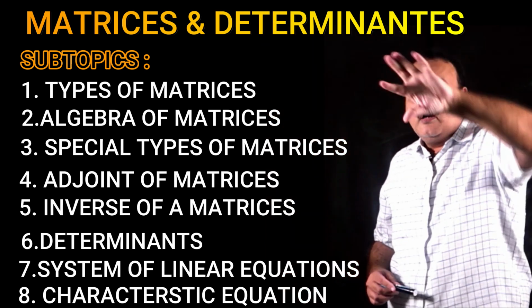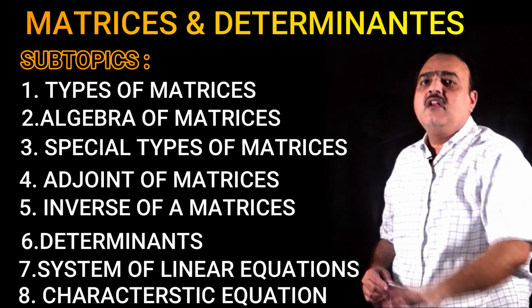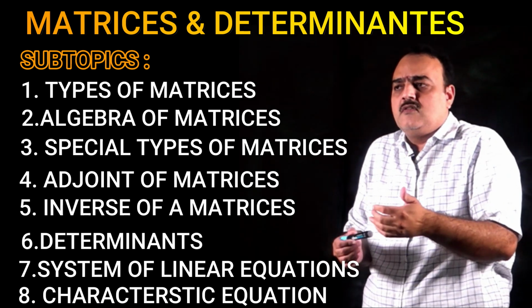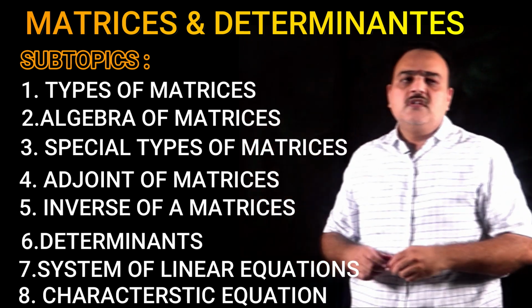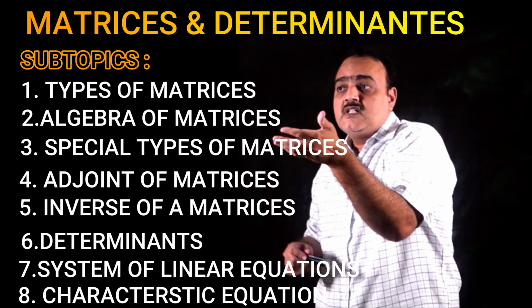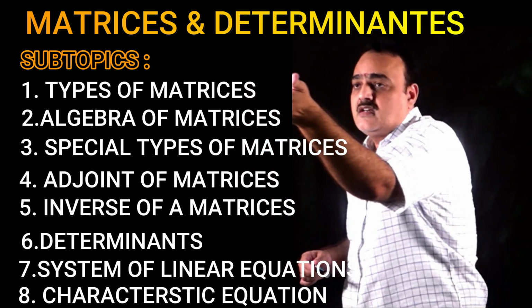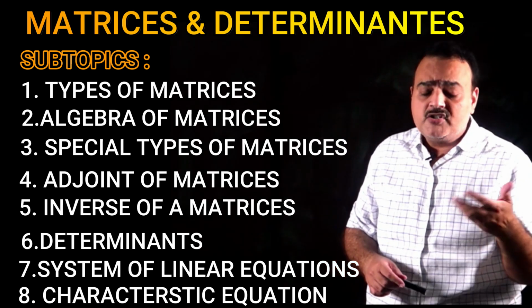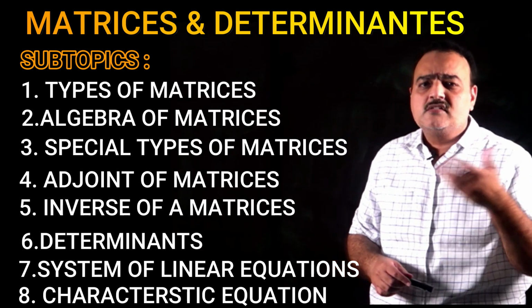Under that heading you get so many definitions of matrices. Before going to the second subtopic, algebra of matrices, you need to study the first one. Algebra is nothing but addition of matrices, subtraction of matrices, multiplication of matrices.